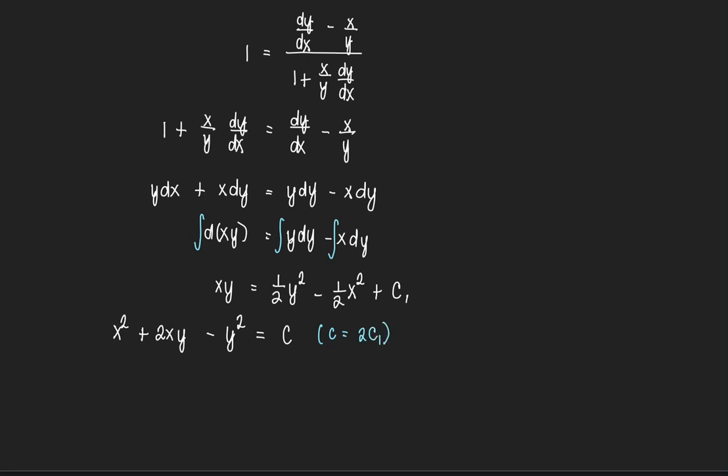And so this is the equation of the isogonal trajectories. And let's try to see what type of curve that is.